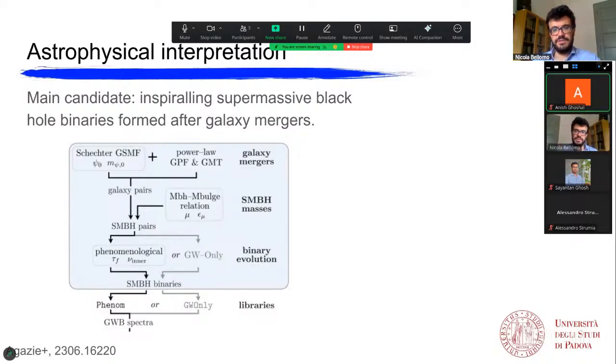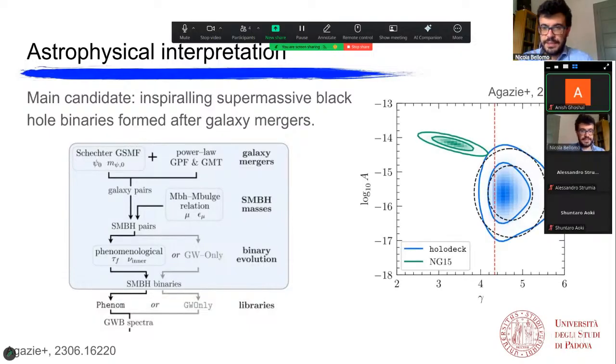But as you can already see from this very simplified and mostly phenomenological set of steps, there are many assumptions in the process. And when we compare the data in green with the outcome of the simulation based on the model on the left, we can see that there is some mild tension between the theoretical predictions and our measurements.